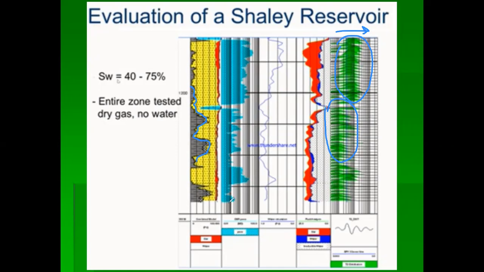Also, it is illustrated here at the bottom of this log. We have a large amount of clay, and so there will be a shift towards a smaller relaxation time due to the increase of clay bound water and capillary bound water.